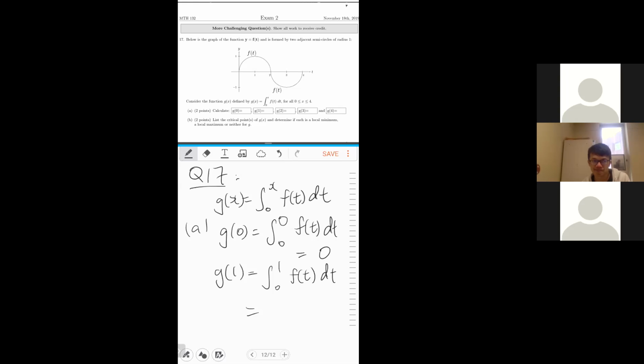Okay. No, but I'm curious how you guys got 1 or 0. By the way, what does g of 1 represent in terms of the graph?